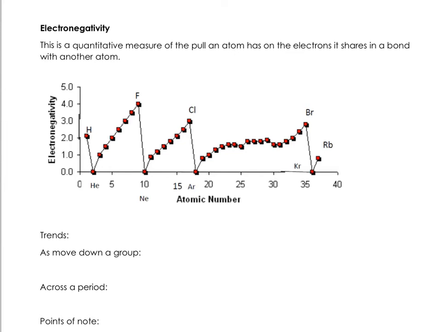So I liken this to shaking hands with somebody. Your hand represents the electrons, so there's two electrons between you. Normally, you shake hands with somebody, you're not aggressive, you're just shaking, the hands are between you. So they're equally shared. But if you pull that hand towards you, you have a greater pull on electrons.